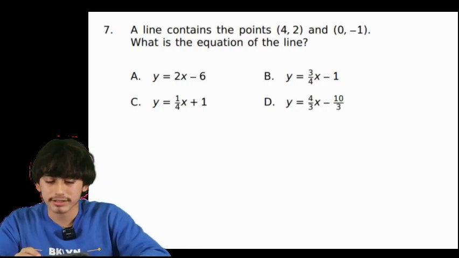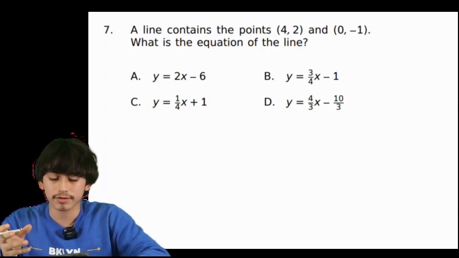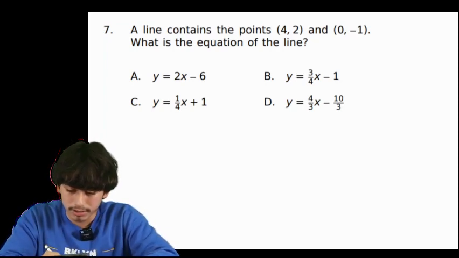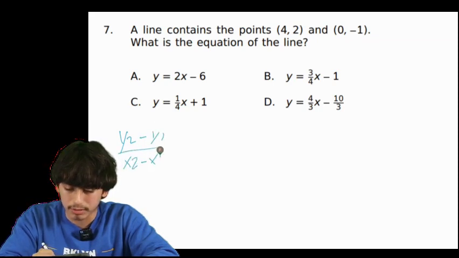A line contains the points 4, 2 and 0, -1. What is the equation of the line? So to find the equation of the line, we first have to find the slope. So what we're going to do is y2 minus y1 over x2 minus x1.